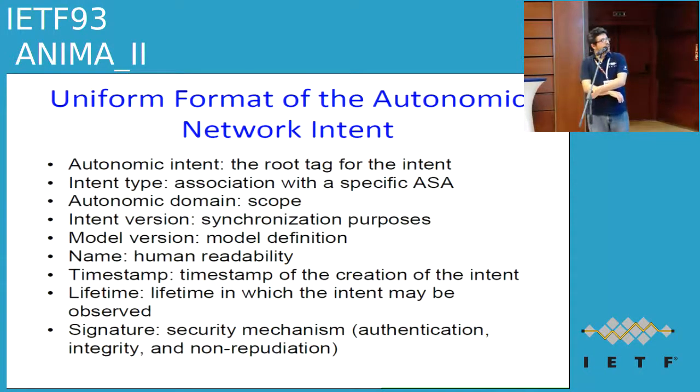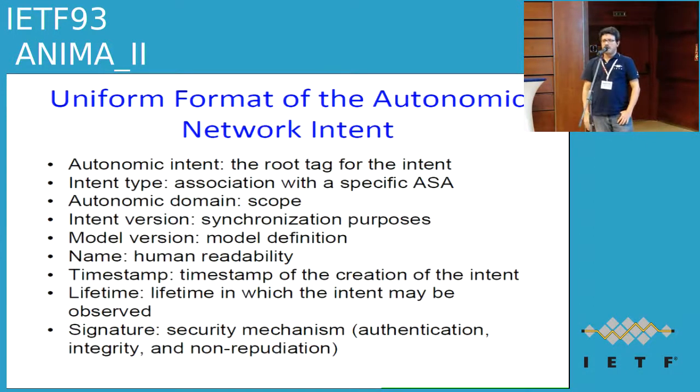Then we have the autonomic domain of the intent, which is some kind of a way to describe the scope of the intent. Then we have two versions. The first one is the intent version, which is used for synchronization purposes. Then we have the model version, which is the model used to describe the intent. Then we have the name of the intent for human readability.